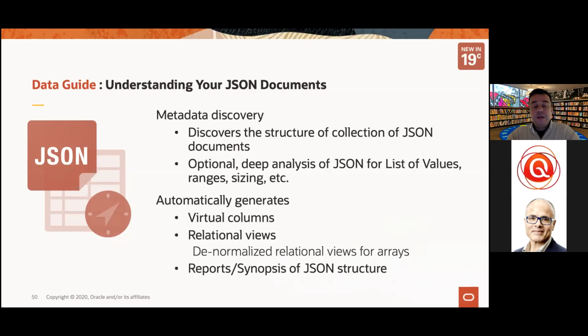So you can use a data guide on top of the JSON collection, let's say you have in your database, which underneath has a table with a JSON column, but let's call it a collection of documents. You can run a data guide on top of a collection, and it will retrieve all the information regarding the fields and the values, the ranges, the sizes, the data formats, and everything you have in that collection. And with that information, you can run your queries.